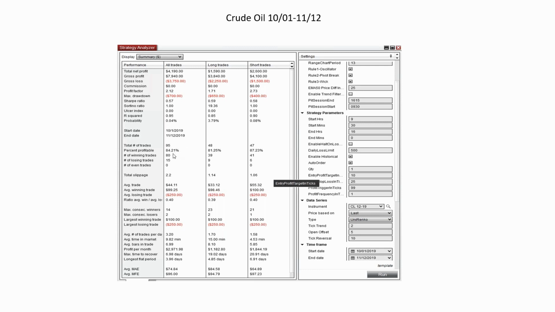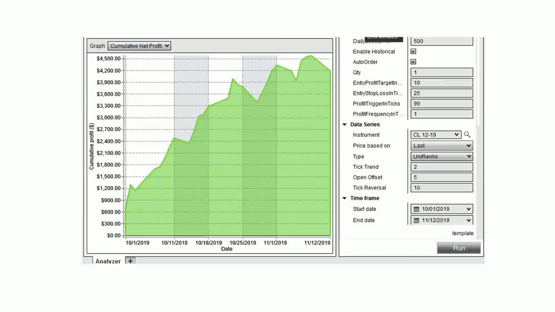And it traded with a win percentage of 84.21%. And this is the equity curve it created. And these are the entries right off of Ninja. And that's its equity curve. On 2 contracts, it created $4,200 worth of profit during that time from 10/1 to 11/12.